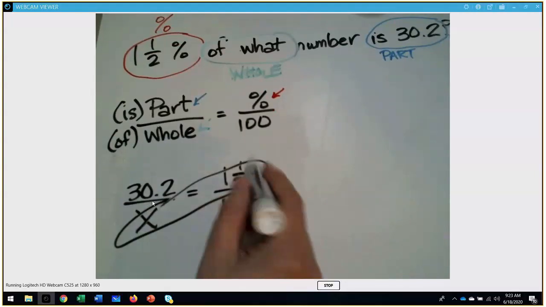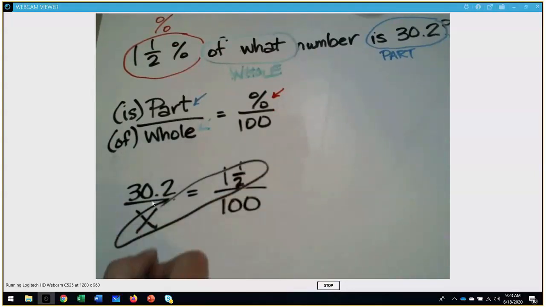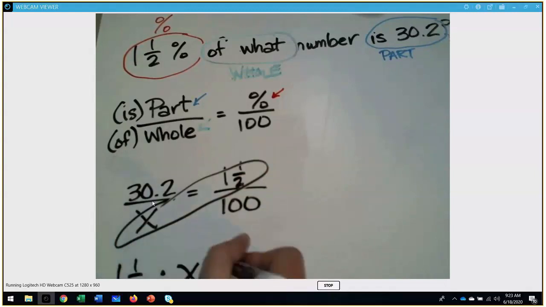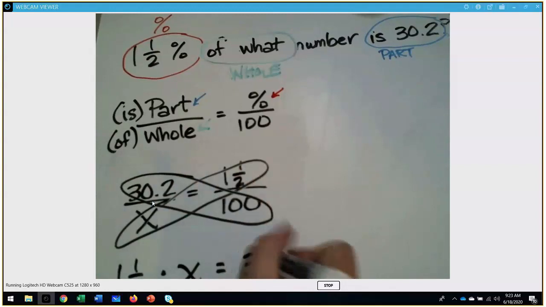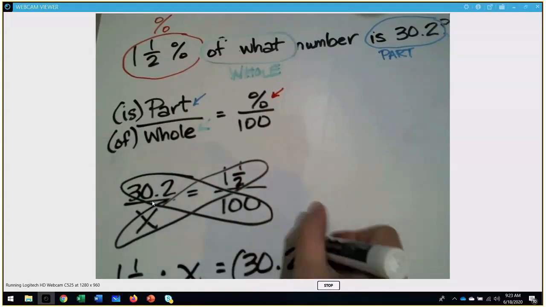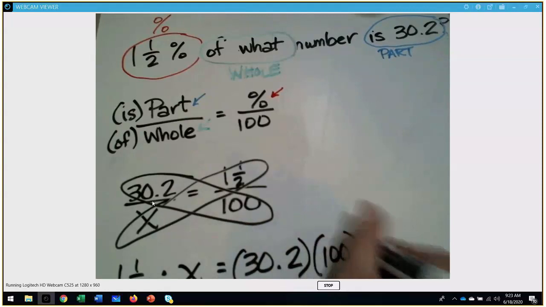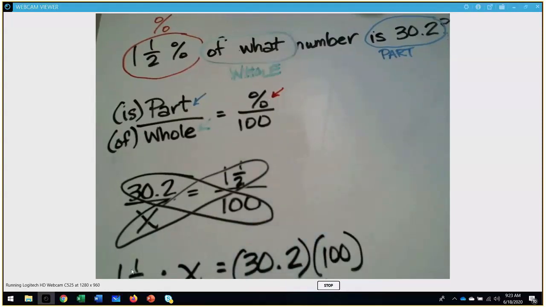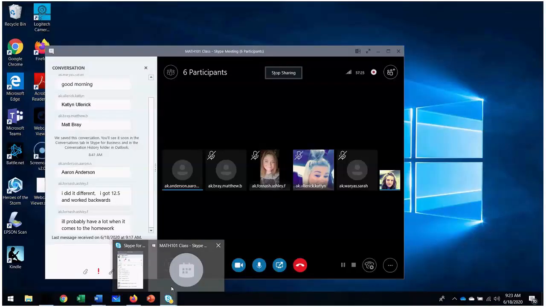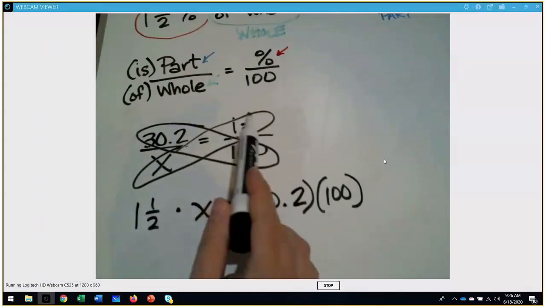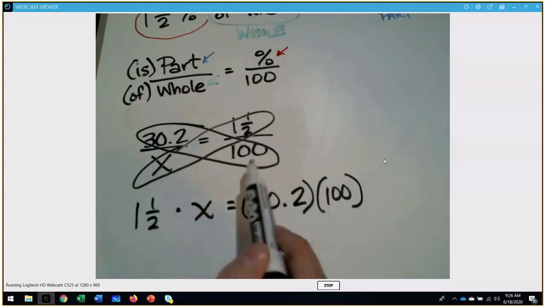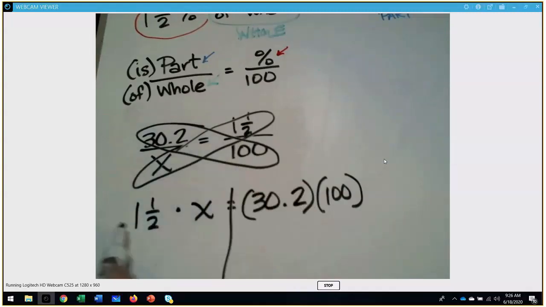So the 1.5 times x, and that needs to equal 30.2 times 100. Let's go back here. I set up, and then I cross multiply. So let's see what that gives us.